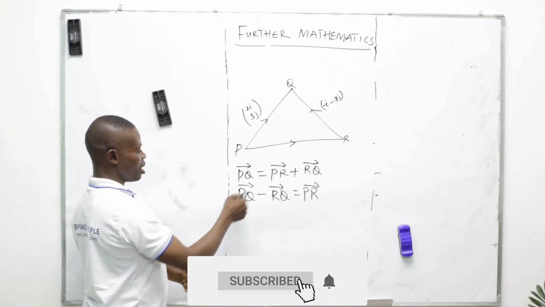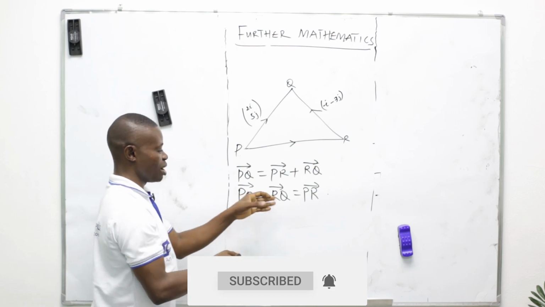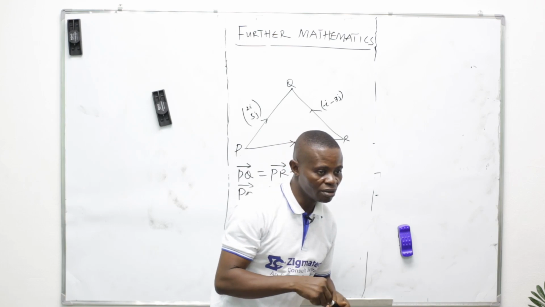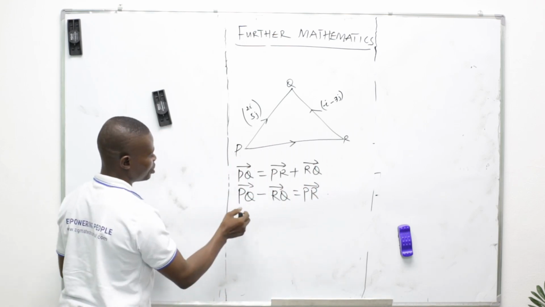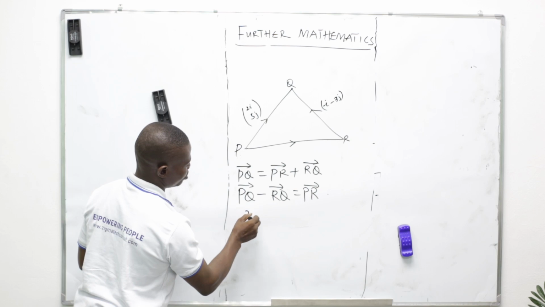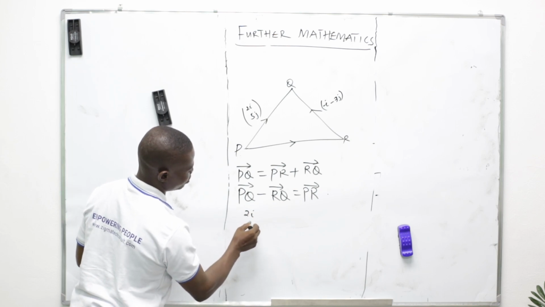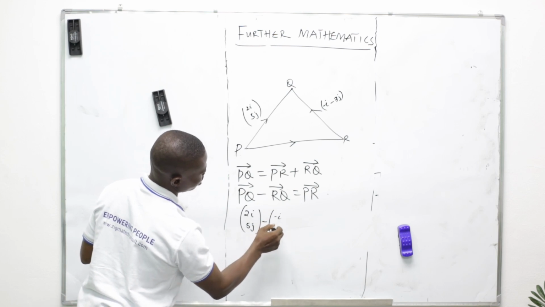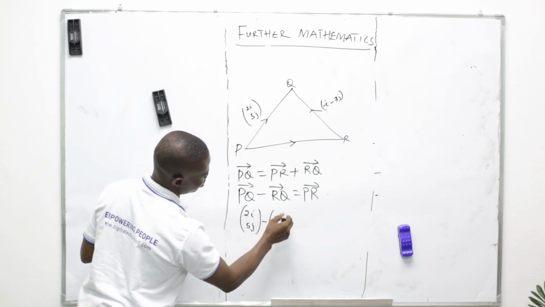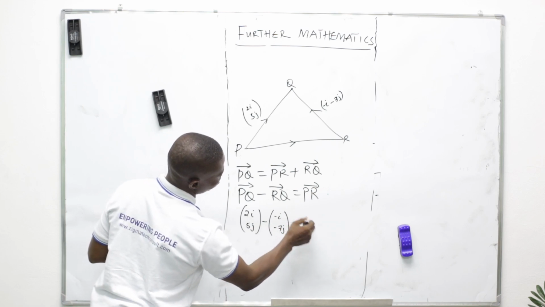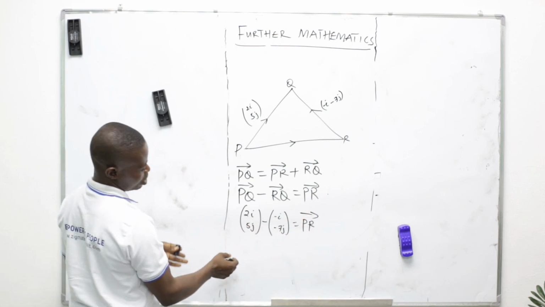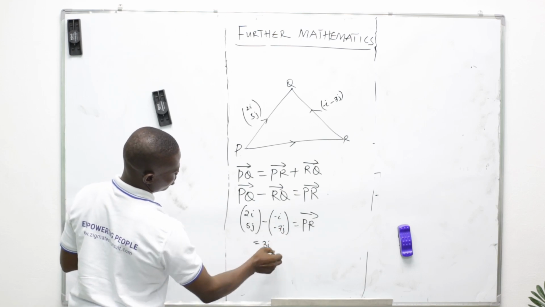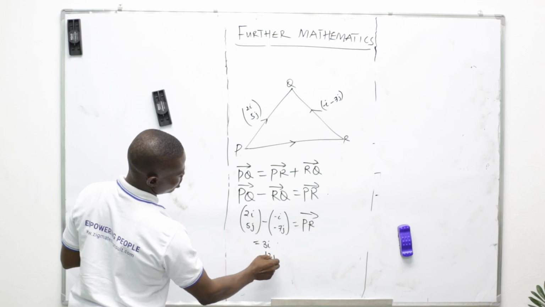Now, if PR is PQ minus RQ, it means PQ is 2I against 5J, then minus I minus 7J equals PR. This is minus minus, meaning 3I, okay? Minus minus 12J.